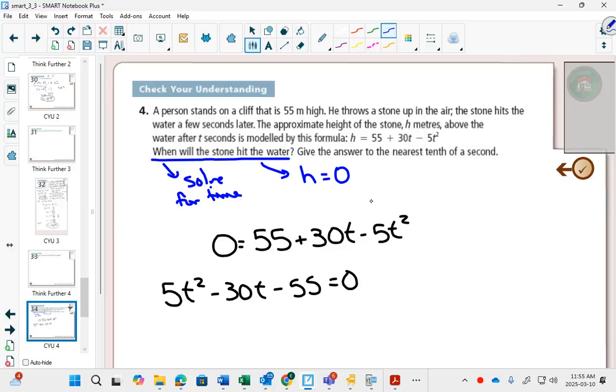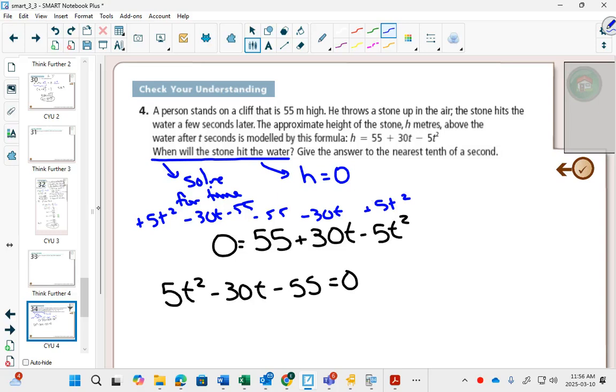So, right, what you do to one side of the equation, if I add 5t squared, I add 5t squared to this side. If I subtract 30t, I subtract 30t on this side. If I subtract 55 on this side, I subtract 55 on this side. And that would move everything to the left side. Can you see that everything divides by 5?